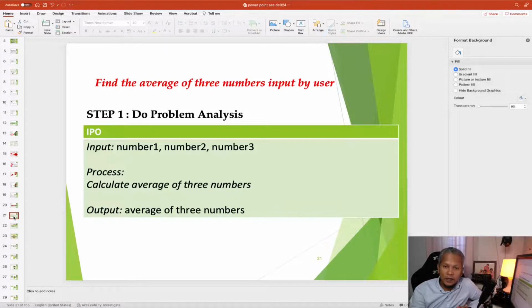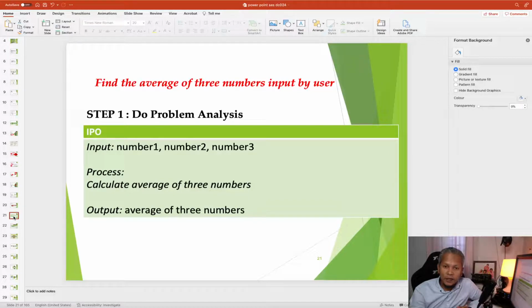Okay, look at the problem solving steps. Firstly, do the problem analysis. We are using number 1, number 2 and number 3 as our variables to keep the data entered by the user. Firstly, we need to identify what the output is.